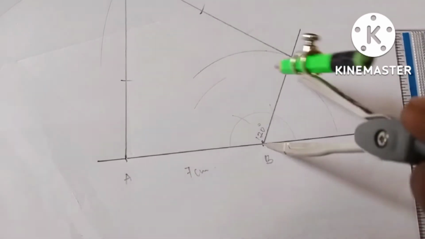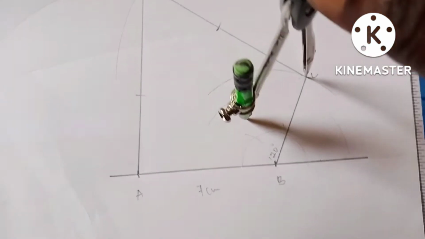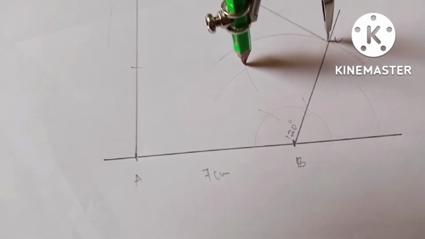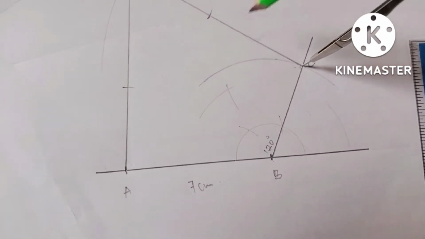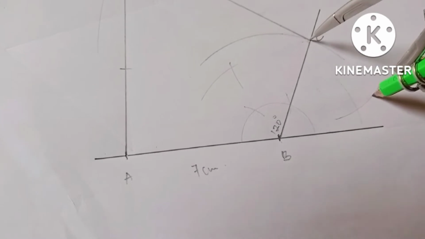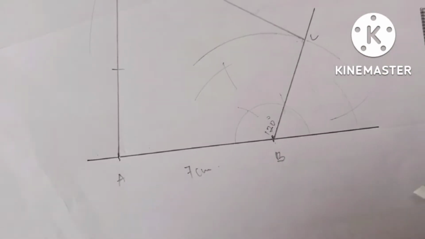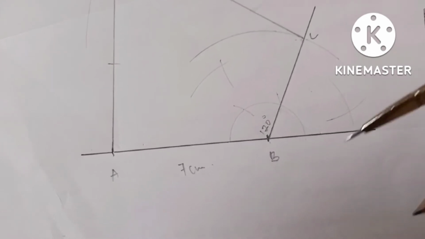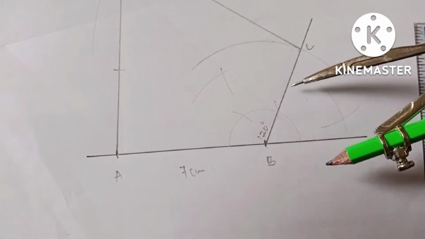With the same radius, construct another arc below to cross the first one. These two intersection points, once a line passes through them, will divide the line into two equal parts. That is exactly the meaning of the intersection. So that tells me that the distance from here to that point is the same. So let's do that.